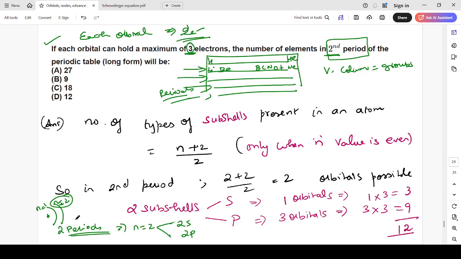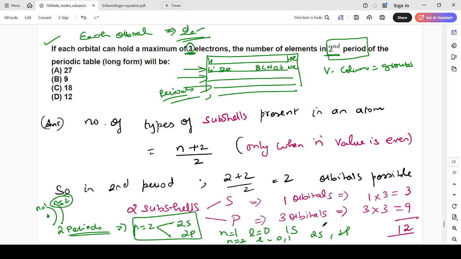In the second shell, how many subshells are available for us? Have you learnt about this? I only taught you now. When n is equal to 1, l is equal to 0, so only 1s can be there. And n is equal to 2, l can be 0 and 1, so it could be 2s as well as 2p.